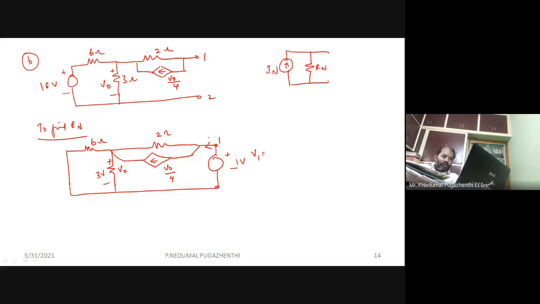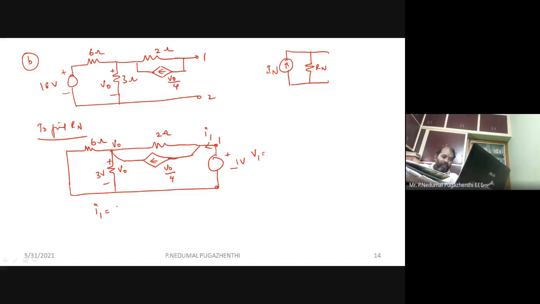And I will assume this is the current I1. So I1 is equal to the current passing through this 2 ohm resistor, and the current passing through the V0 by 4 current source will be equal to I1.